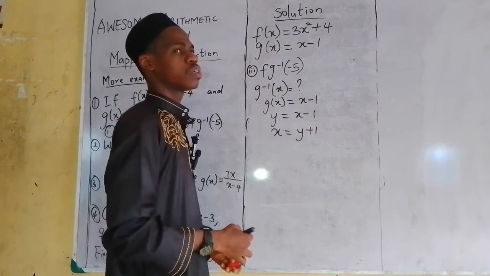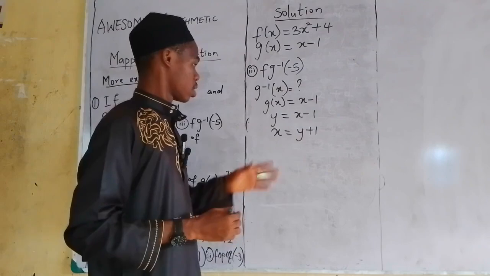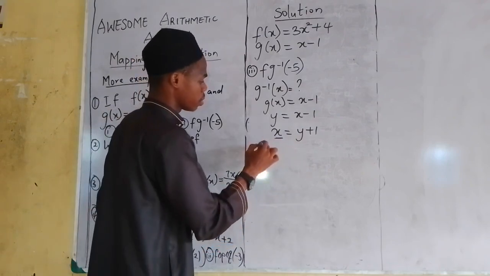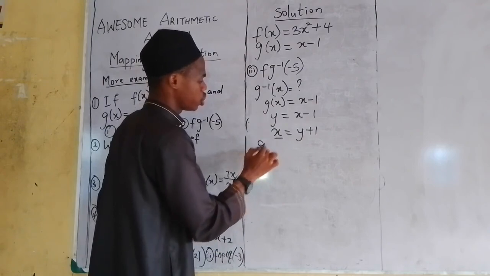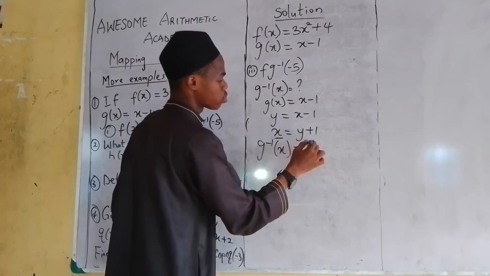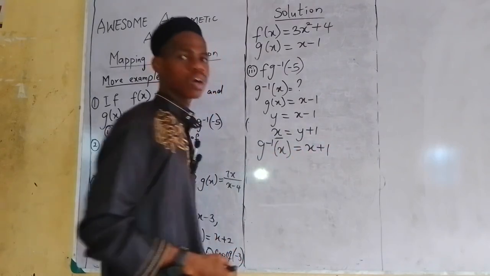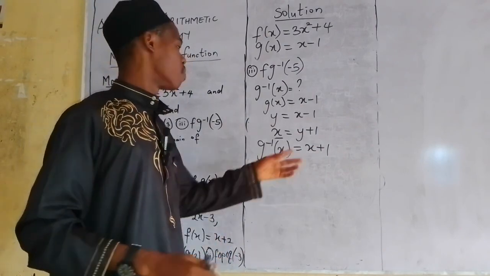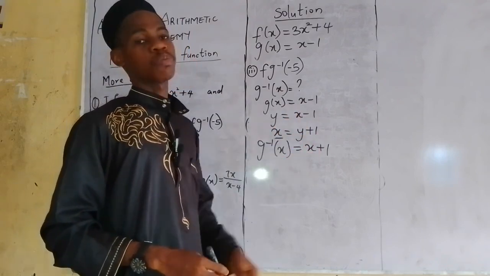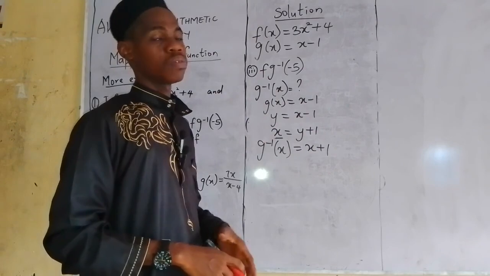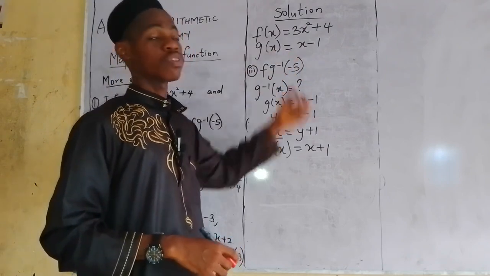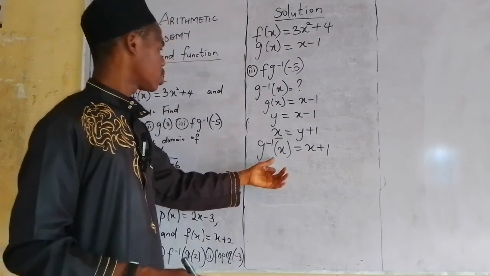I hope that's correct, right? This one, I will change it to x plus 1. This means that the inverse of x minus 1 is x plus 1 under this function, g of x. Now we've gotten the inverse of x.